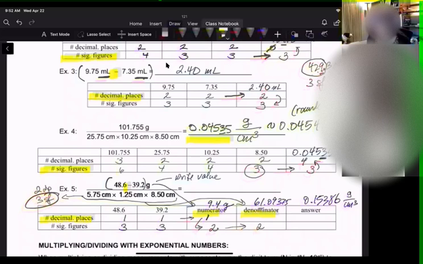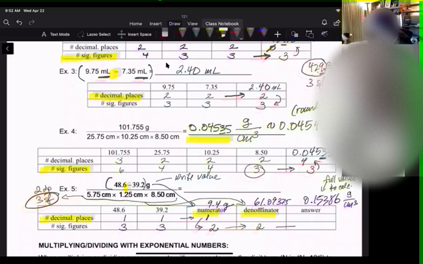Yeah, there's 2 parts of the calculation. When you calculate your value, you're going to use the full values to calculate. Now, when you talk about the significant figures, then you're going to look at the numerator and the denominator. And that's a division.